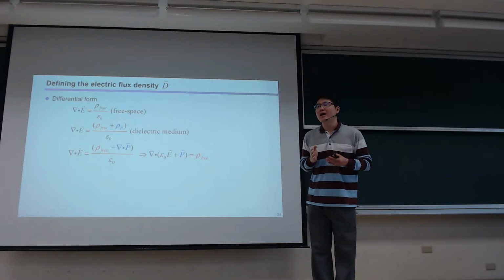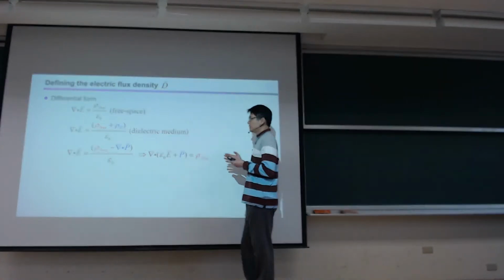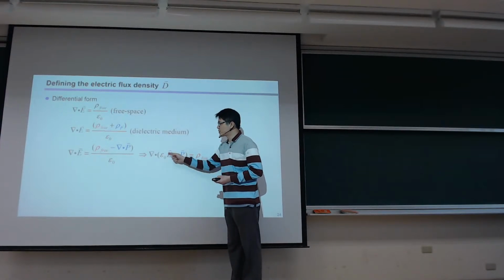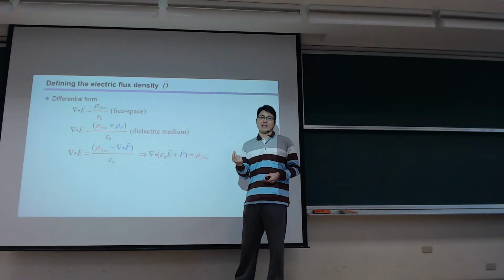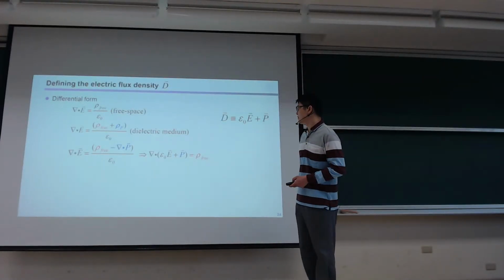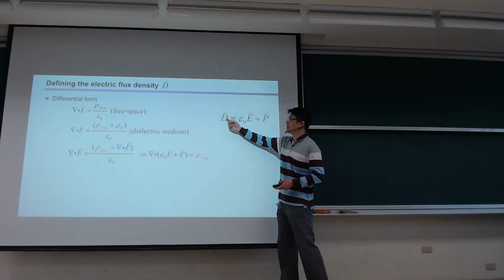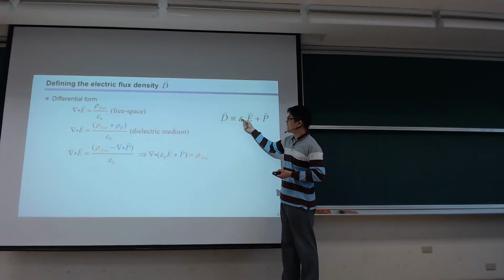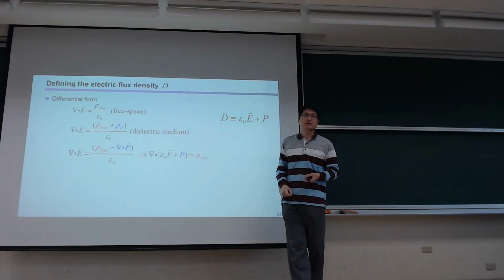So why not define the sum of these two vectors as a new vector, so it's easier for you to write? Why don't we define this D, a new vector field, as epsilon 0 E vector plus P vector?